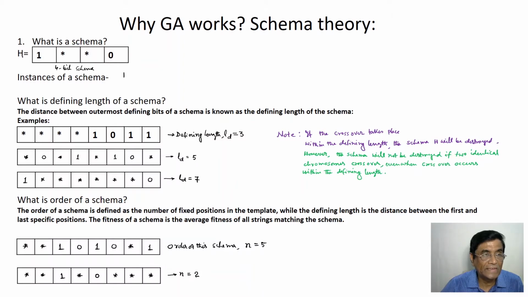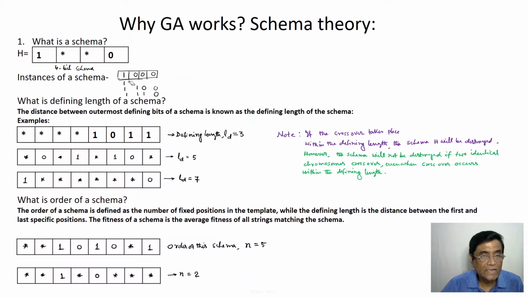So this is defining the schema, okay? So 1, it could be 0, 0, 0, 1 instance, 1, 0, 1, 0, 1, 1, 0, 0, 1, 1, 1, 0. So these are the instances of the schema which is represented by only one H.